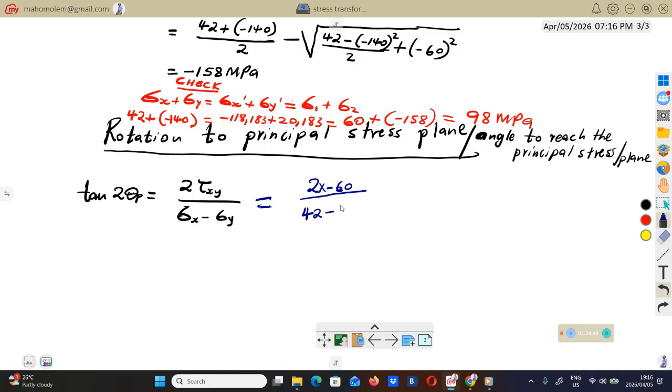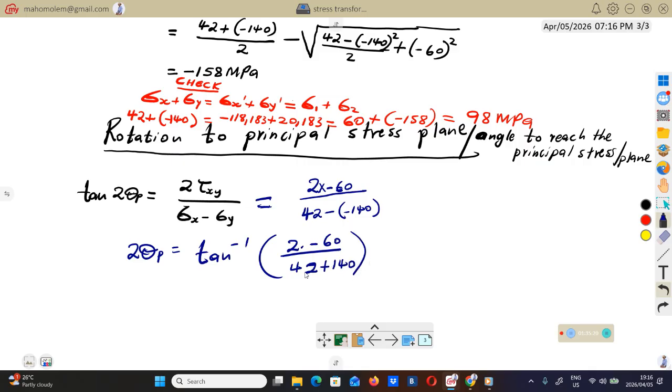42 minus... 2 theta p will be equal to the tan inverse of this, which you calculate there.